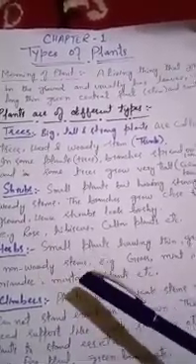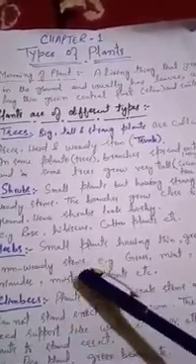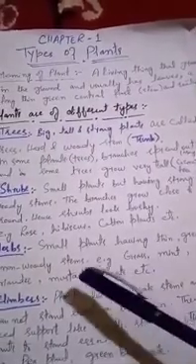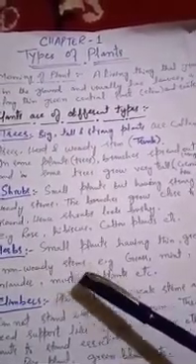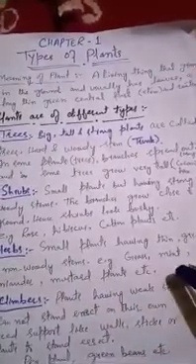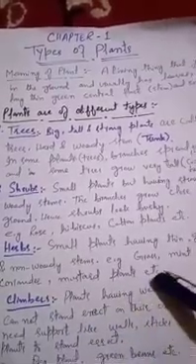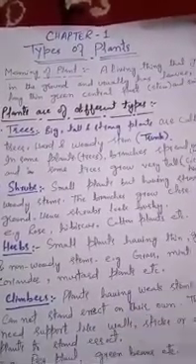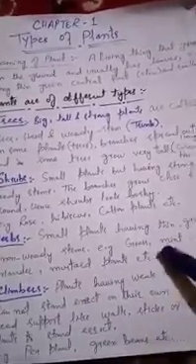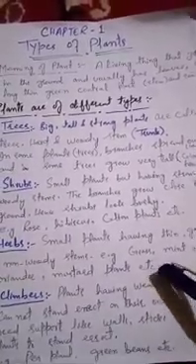For example, grass, mint, coriander, mustard plants, etc. You might have seen them. Grass doesn't bear a woody stem, right?